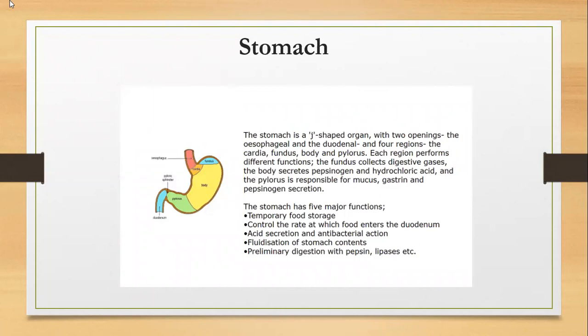So immediately you swallow your food, it has to be held in a holding pocket. And this pocket happens to be the stomach. The stomach has a J shape. It has that curved area which can enlarge.